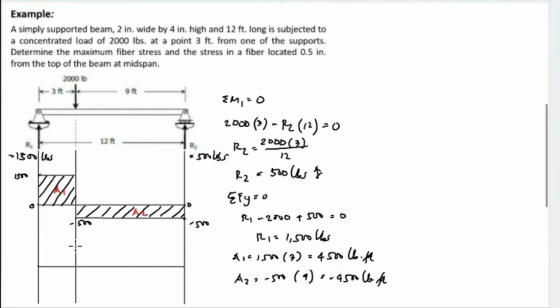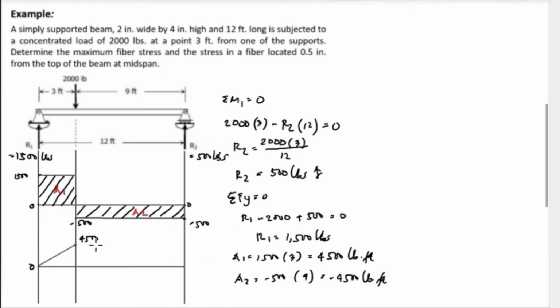So we have area 1, which is 4,500 from 0, and the value is 4,500 up to the concentrated load. So this will be positive 4,500, and the line is diagonal. So from a horizontal line in the shear diagram, next is a diagonal line in the moment diagram. This will be from 0 up to this point. From this point, which is 4,500, we have area 2, which is negative 4,500.